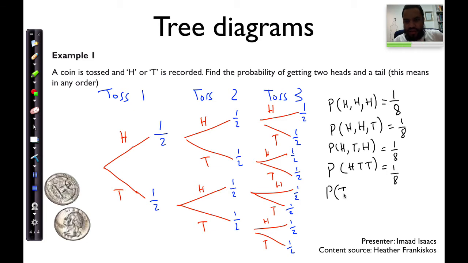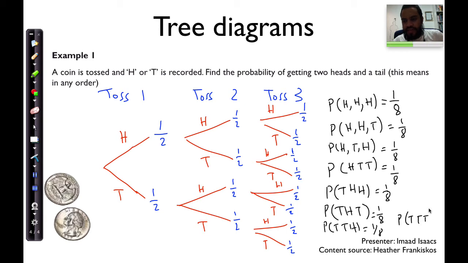So we have tail, head, head, which is equal to a probability of 1 out of 8. Then the probability of tail, head, tail is also 1 out of 8. The probability of tail, tail, head is 1 out of 8. And then we have one more to go, and that's the probability of tail, tail, tail.